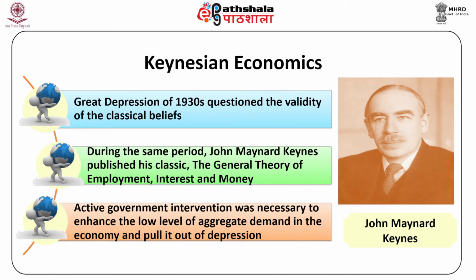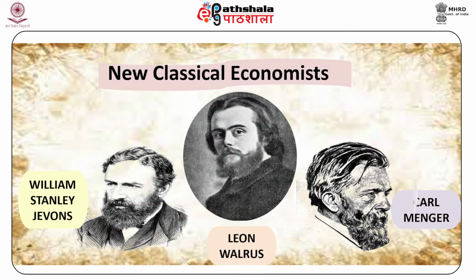Unlike the classical economists, Keynes believed that active government intervention was necessary to enhance the low level of aggregate demand in the economy and pull it out of depression. The limitations of Keynesian theory were attacked by monetarists, also known as new classical economists. Despite its limitations, Keynesian economics remains an essential pillar supporting the foundations of modern macroeconomics.